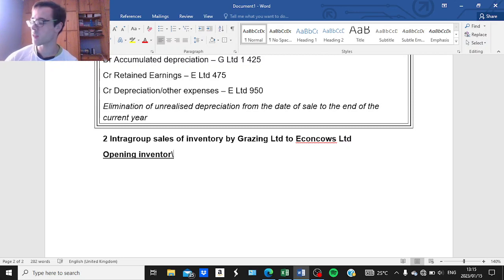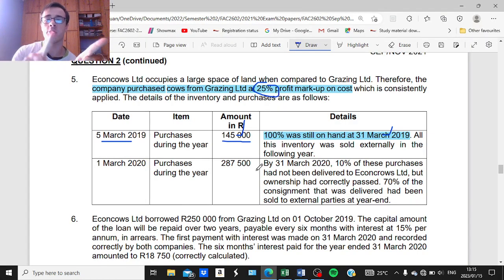All right, remember, when it comes to intergroup sales of inventory, we need to consider whether there is unrealized profit in opening inventory as well as closing inventory. In this case, there will be unrealized profit in opening inventory because there was an intergroup sale of inventory during the previous year, of which the inventory was still on hand at the beginning of this year.